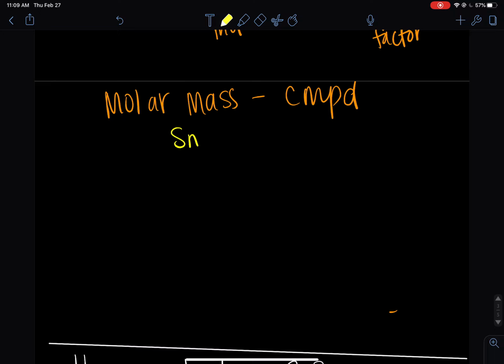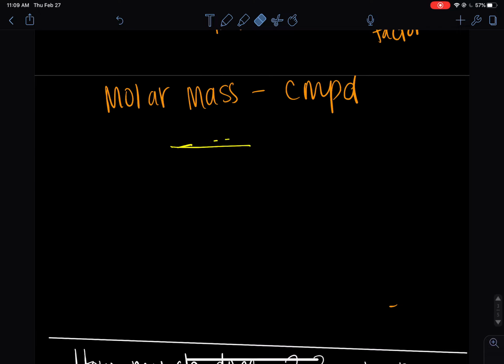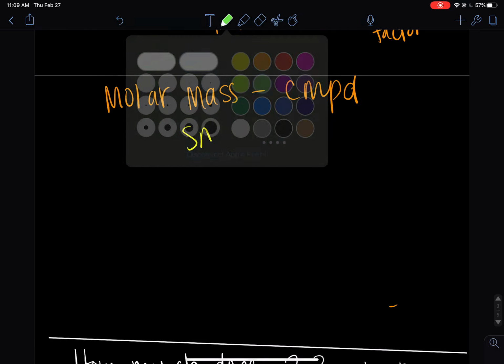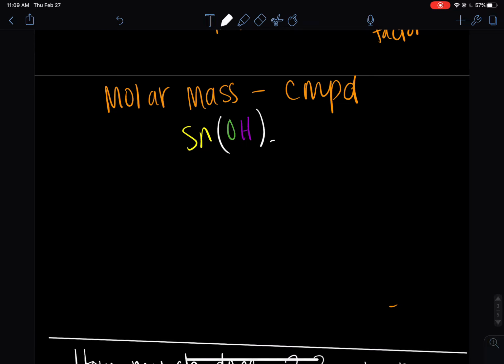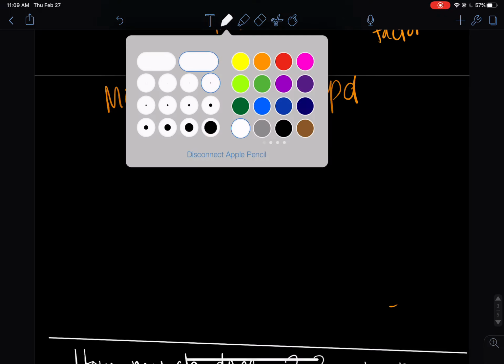The one that we did in class was tin(II) hydroxide. If you go in the periodic table, you don't see tin(II) hydroxide, but you do see tin, and you do see oxygen, and you see hydrogen. So let me rewrite this in different colors. Okay, that was a whole lot of extra work, but it doesn't matter.